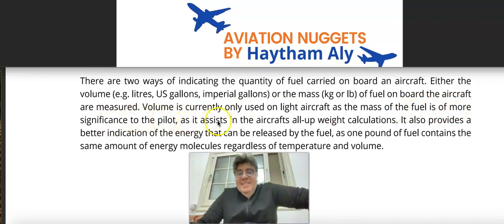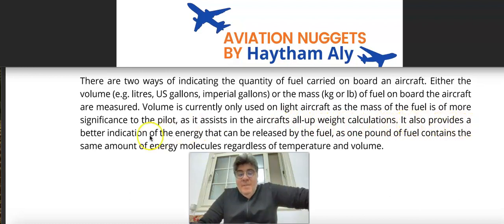Why? As it assists in the aircraft all-up weight calculation, mass and balance calculations, and load sheet. If we have fuel indicated and calculated in kilogram or mass or pound, that will assist the pilot in the aircraft all-up weight calculation, mass and balance calculation, and load sheet calculation.